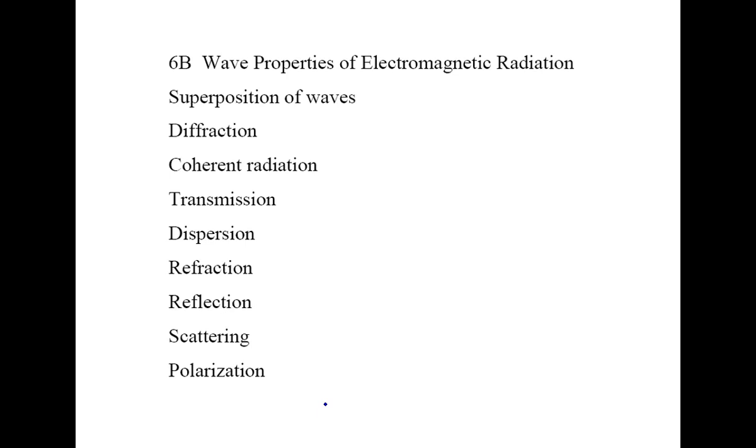You can have diffraction, coherent radiation, transmission, dispersion, refraction, reflection, scattering, and polarization. I only mentioned a few, I've put in others, as you can see there. These are some of the effects. And as I've said, in the homework I am forcing you to know these particular ones, even once or twice in your life. I would like people to know how to define those.